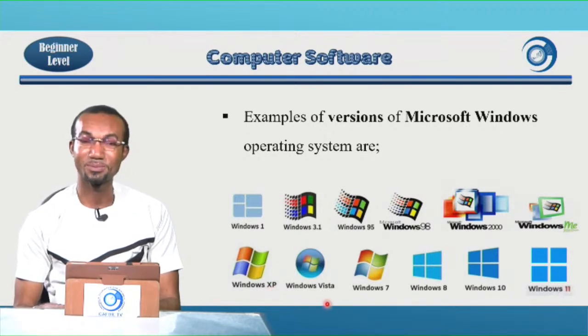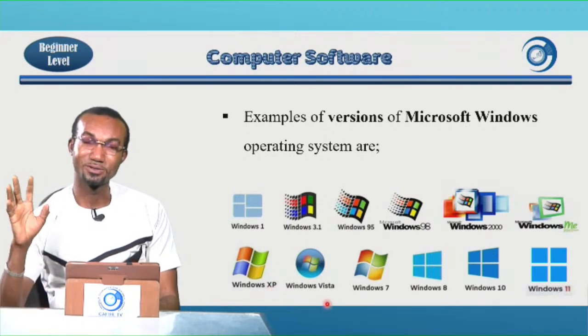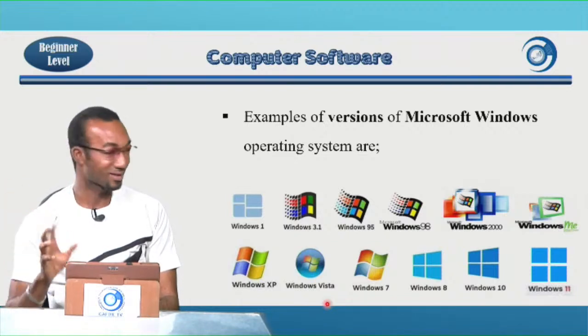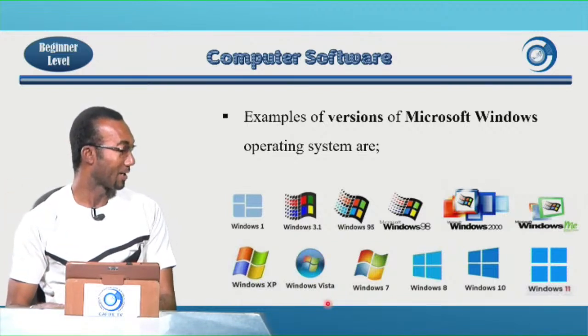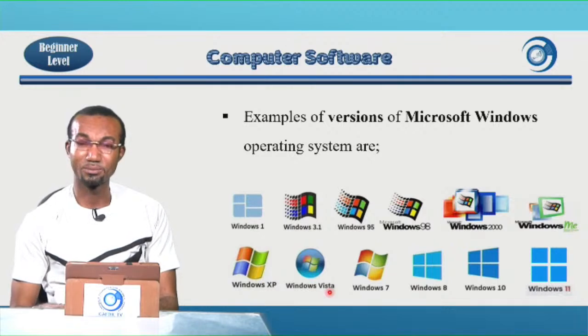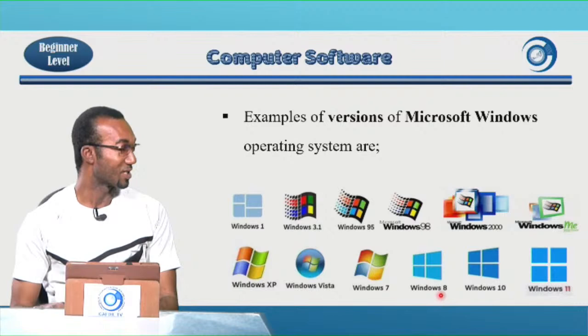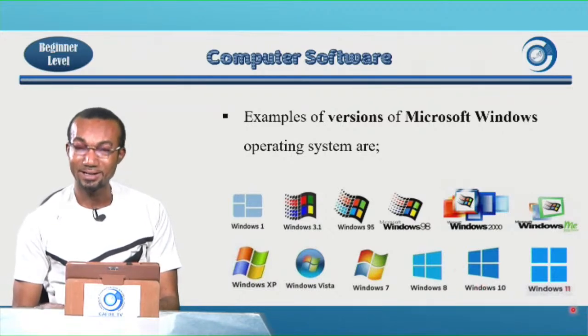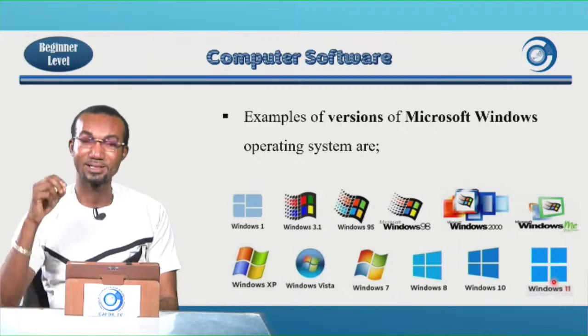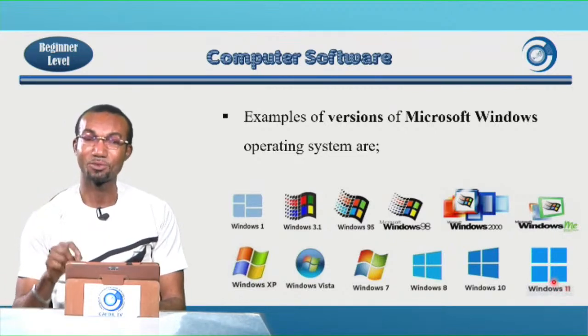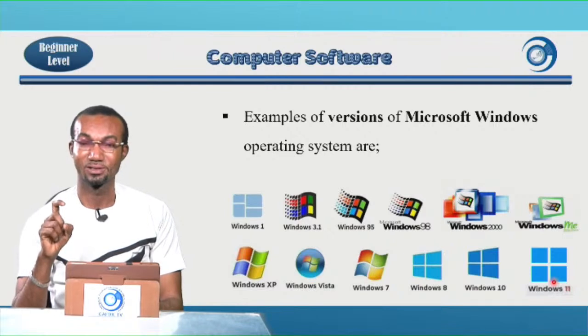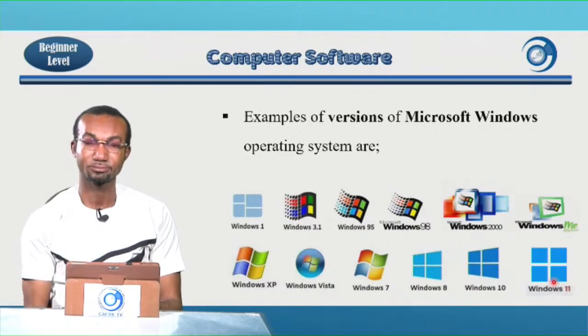Then from Windows XP, around 2004, 2006, I remember that time, Windows Vista also came. Then we had Windows 7, we had Windows 8, we had Windows 10, and currently the most current operating system of Microsoft is Windows 11.